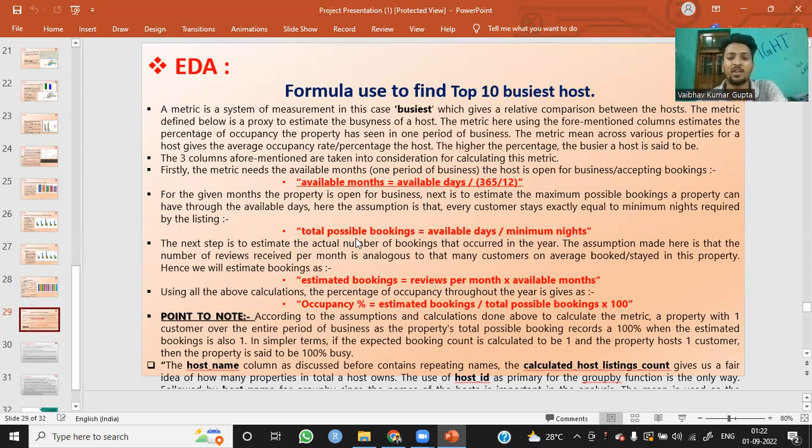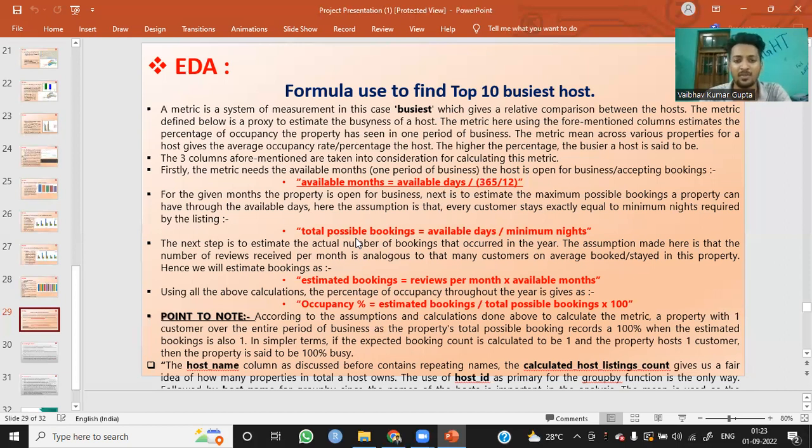So this will give me an estimation of total possible bookings, and we will compute the estimated booking. Comparing both estimated bookings and total possible bookings, we can generate a new metric like occupancy, which is useful for saying how occupied it is, and this is how we can answer how busy the host is.